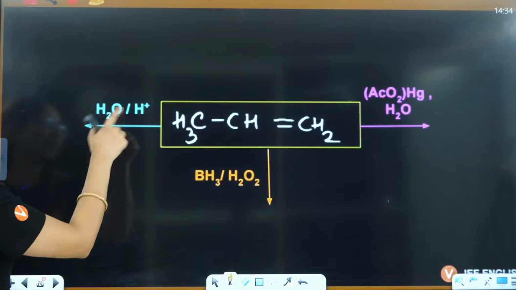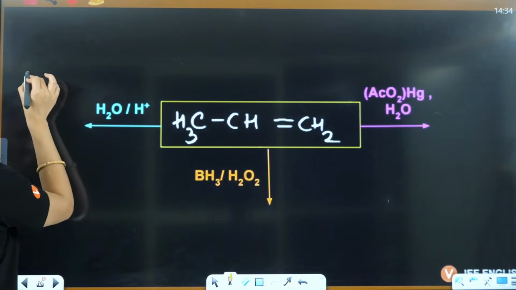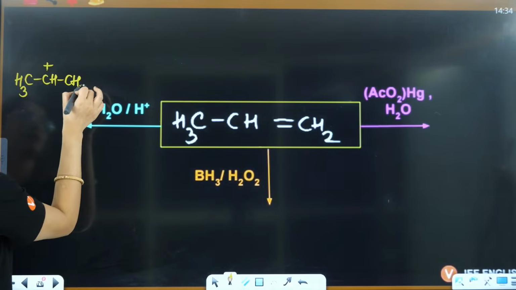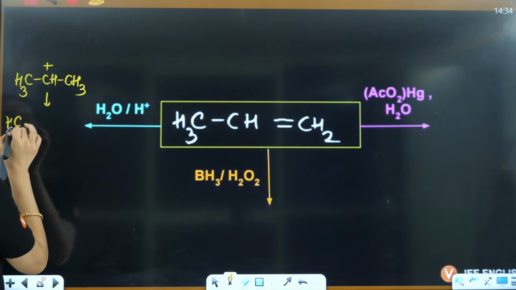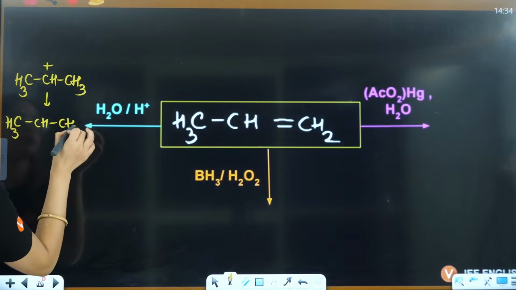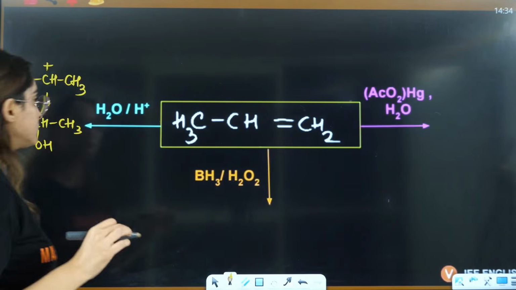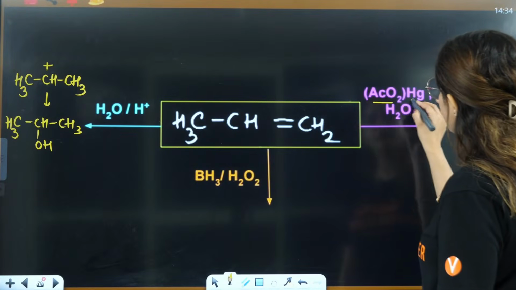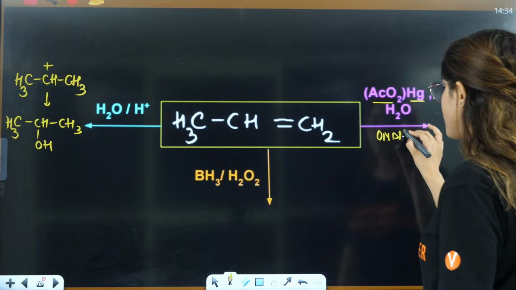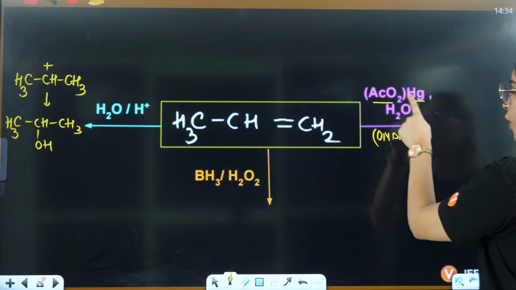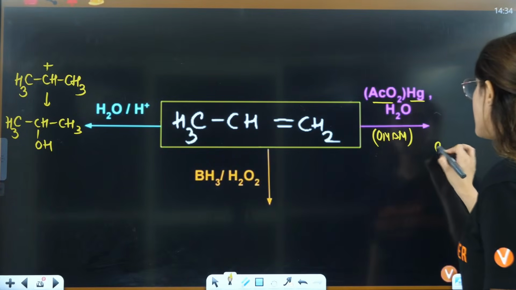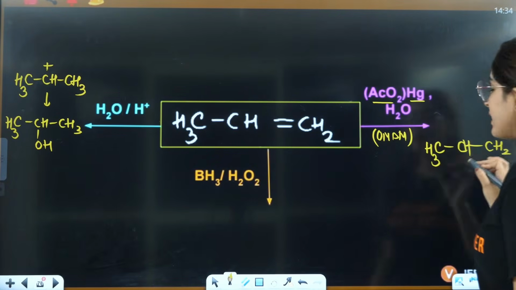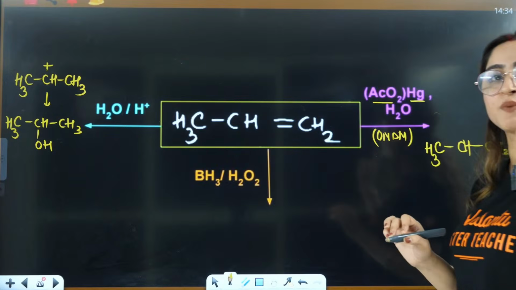In acid catalyzed hydration, first you make a more stabilized carbocation, and then you convert it into alcohol. In oxymercuration-demercuration, which uses mercury in water, you don't have to make the carbocation; Markovnikov rule is applied directly, but rearrangement will not take place.